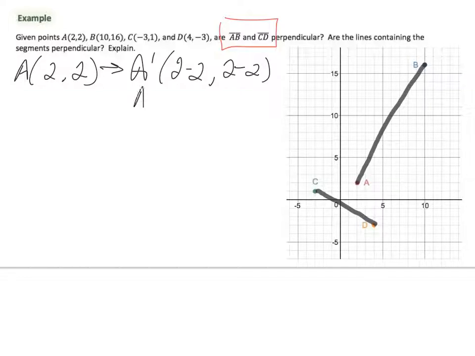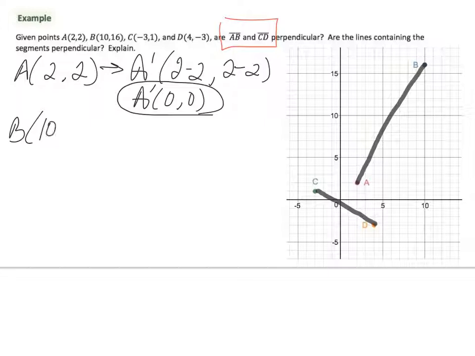So A prime is 0, 0. That's what I was going for. So if I subtracted 2 from that, then I could do B, since it's a segment. That's 10, 16. So B prime would be 10 minus 2 and 16 minus 2.